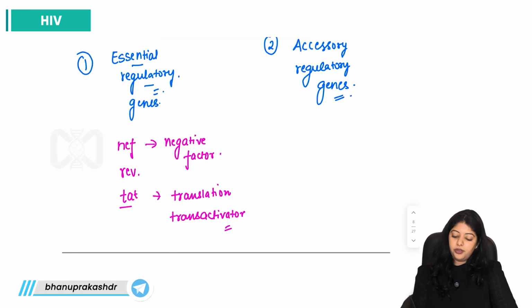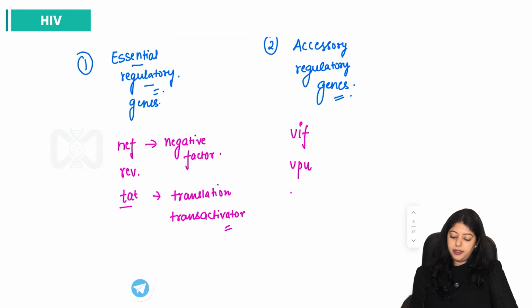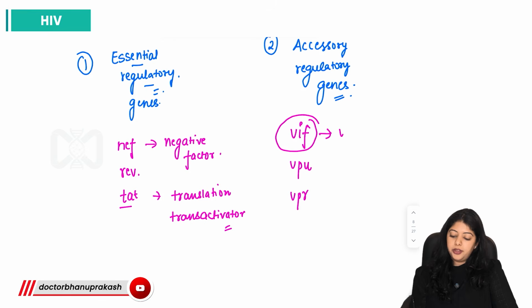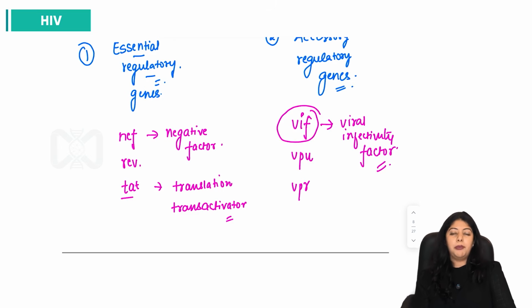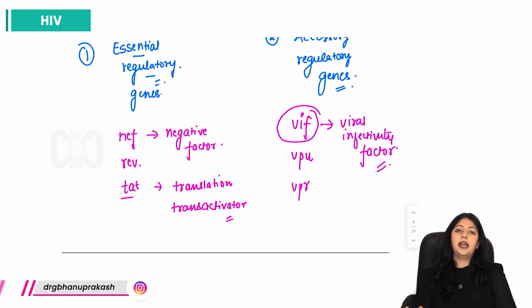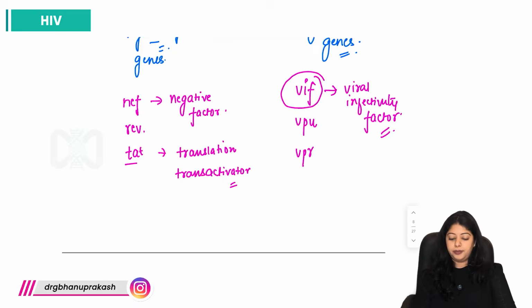The accessory ones are VIF, VPU and VPR. VIF stands for viral infectivity factor. These are the names you need to remember from the structural as well as non-structural genes.